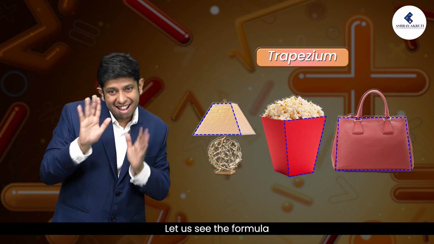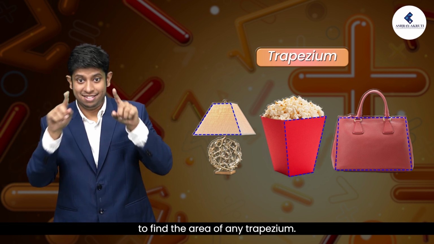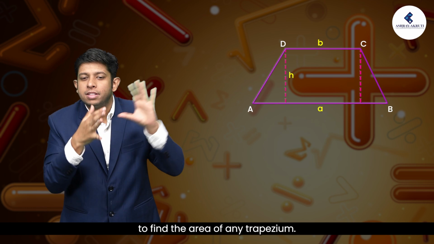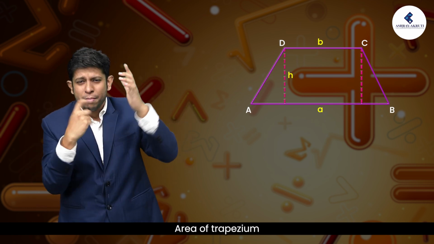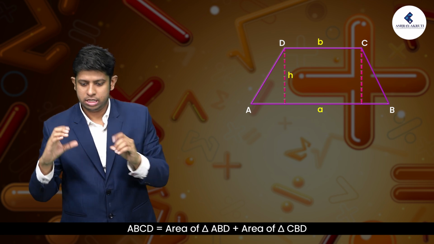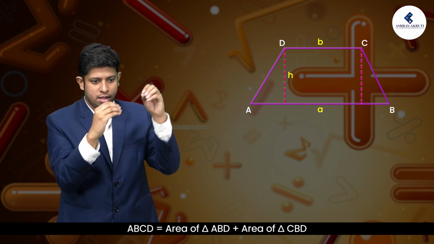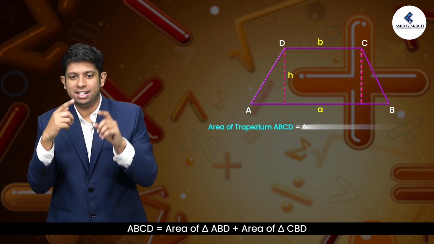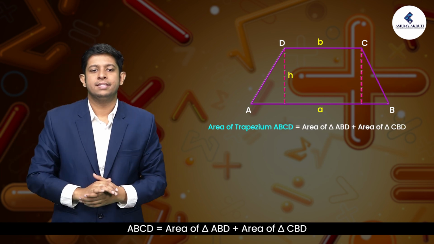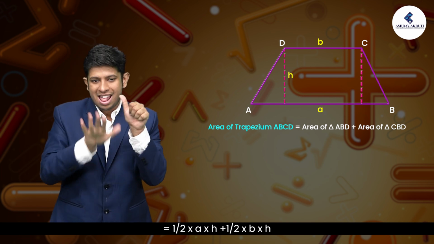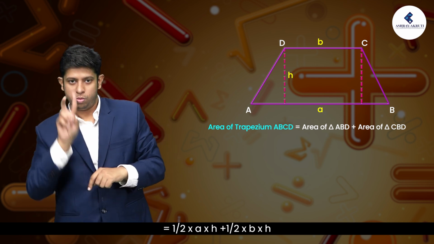Let us see the formula to find the area of any trapezium. Area of trapezium ABCD is equal to area of triangle ABD plus area of triangle CBD. That is equal to half into a into h plus half into b into h.